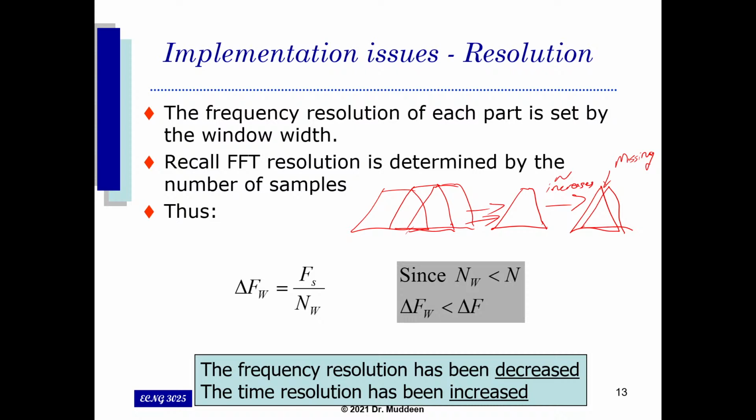Because remember, the characteristics of the triangle window was such that the maximum amplitude gets as close to 1 as possible, and the minimum amplitude gets as close to 0 as possible. And as you increase the number of samples, then you keep on approaching closer and closer to those. So the number of samples you use for the triangle window, as well as the overlap factor, do play an important part in its usage for the STFT.